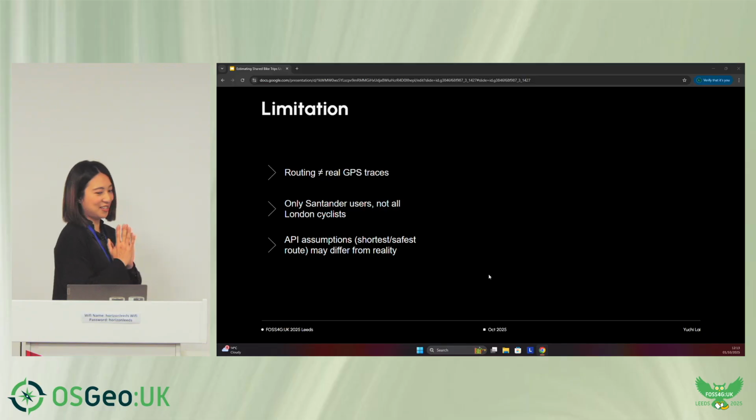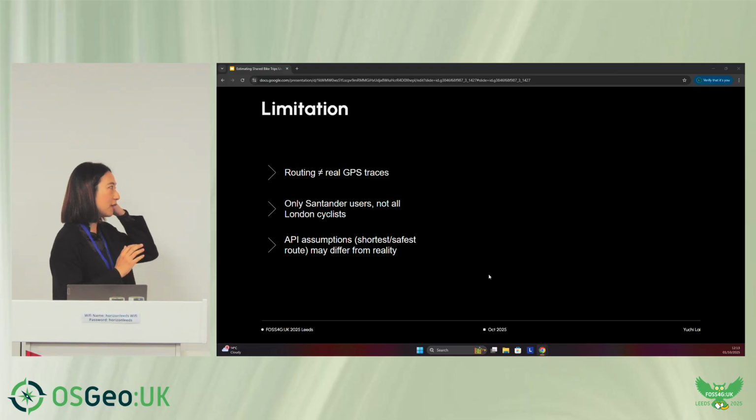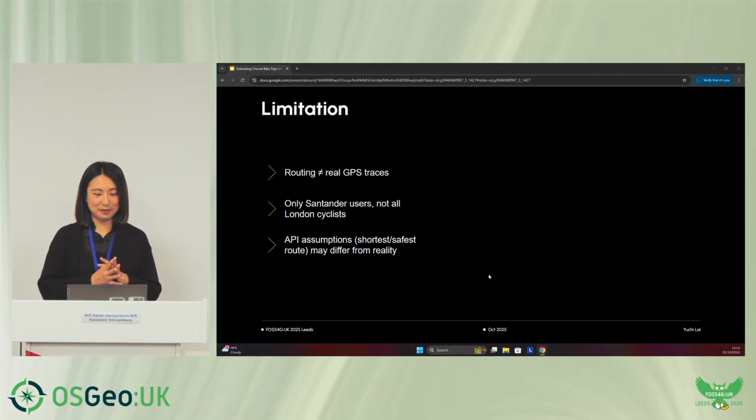And of course, there are some limitations. The routes are inferred, not from real GPS traces. And the data only considers Santander users, not all London cyclists, so it doesn't capture all the routes people would take.